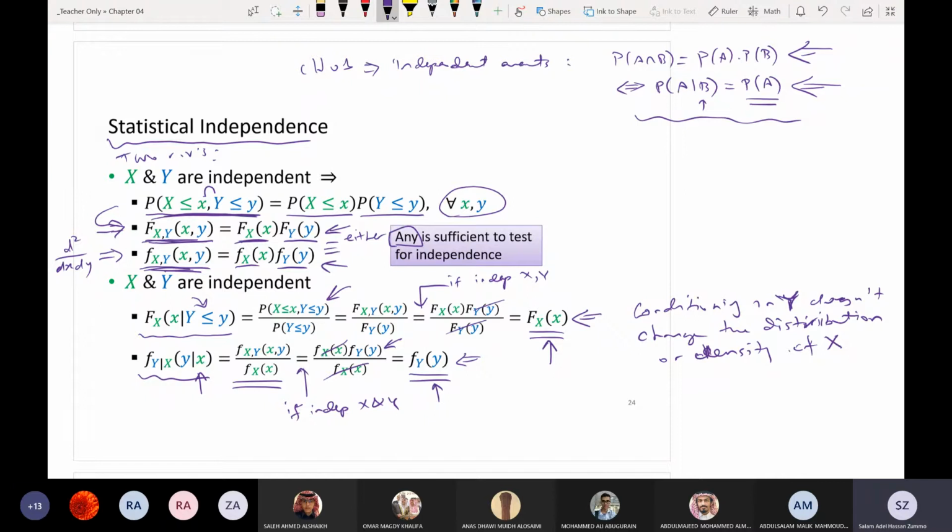In chapter 5, we'll come to a less strong notion of independence, which is what we call uncorrelatedness. That requires a much easier condition to prove, and it gives you a very similar concept. We'll come to it in chapter 5.